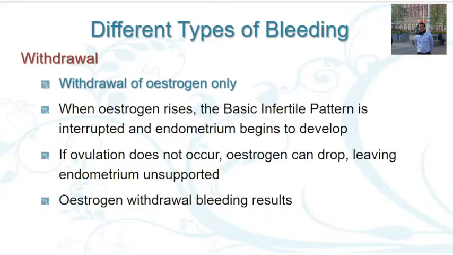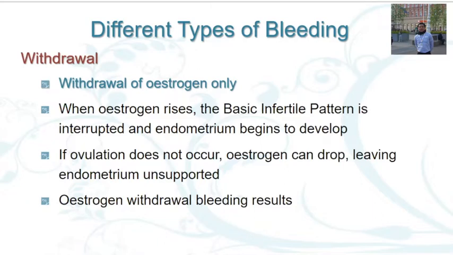If mucus does not develop into slippery, it is an indication that your estrogen did not reach the highest concentration. It drops. How come it drops? Because there is a sign of abnormality. When estrogen rises, the BIP is interrupted. Why? Because the moment estrogen begins to rise, mucus will start to appear, and then the BIP will disappear.